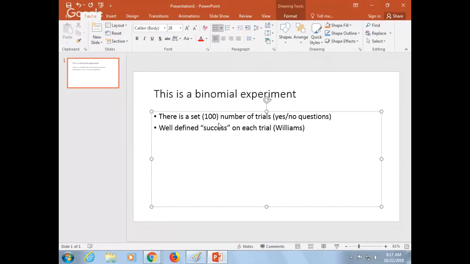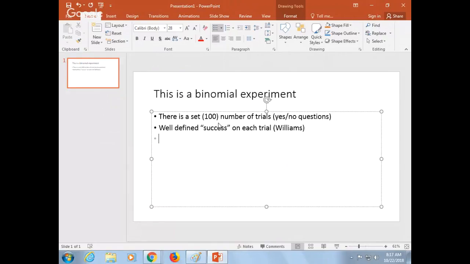It's merely a matter of what we're counting. If we were counting the number of times a respondent said Greg Gianforte, that would be our so-called success. It has nothing to do with whether it's a good outcome or not. It's just the thing we're counting, and it's well defined. You can tell whether it happened or not, yes or no, and you're basically counting up yeses.